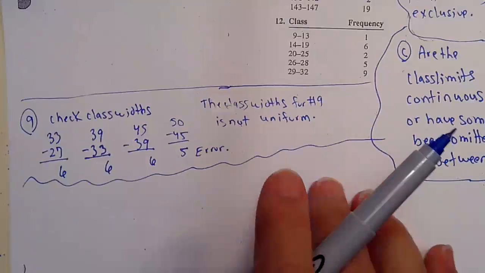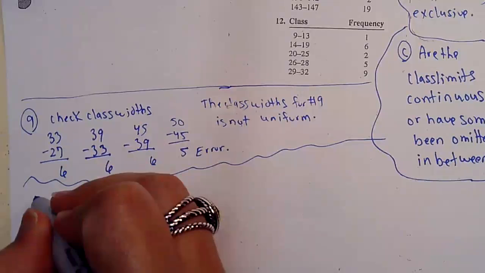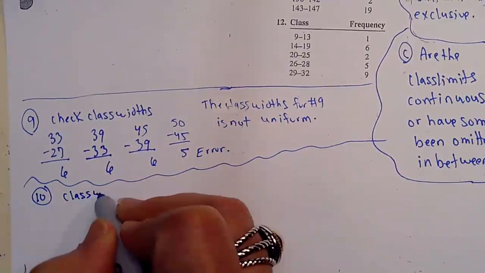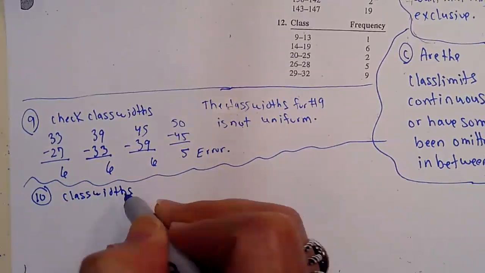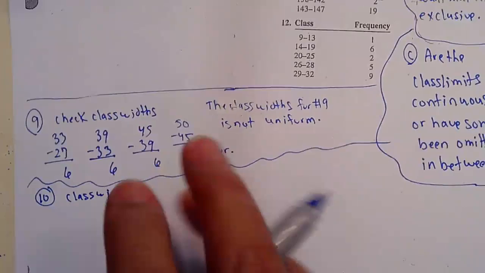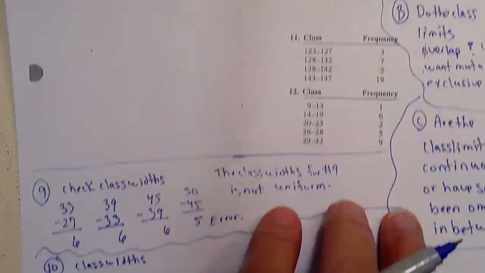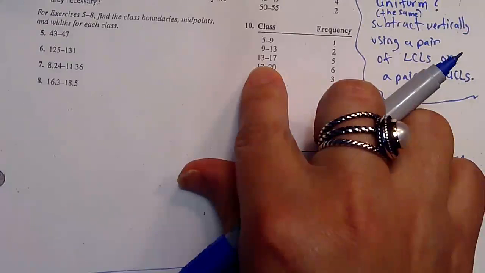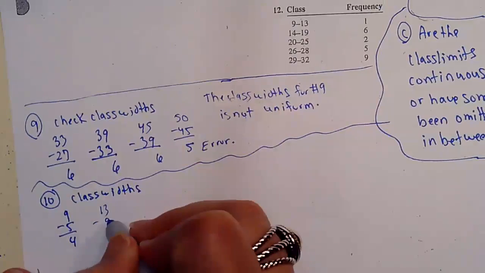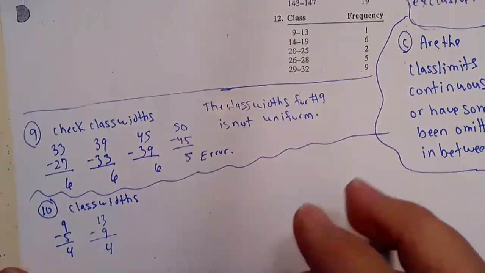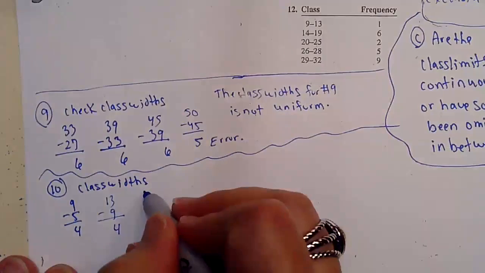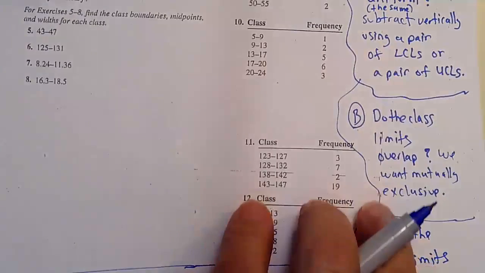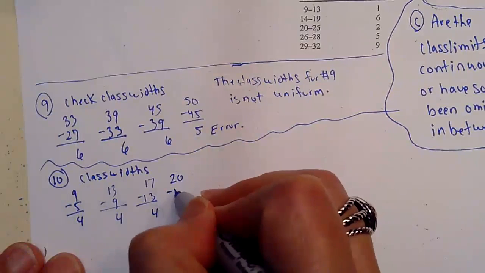Okay, if I look at number 10, and I start with the class width first, again I'm going to subtract. 9 minus 5 is 4. 13 minus 9 is 4. 17 minus 13 is 4. 20 minus 17, uh-oh, that's 3.